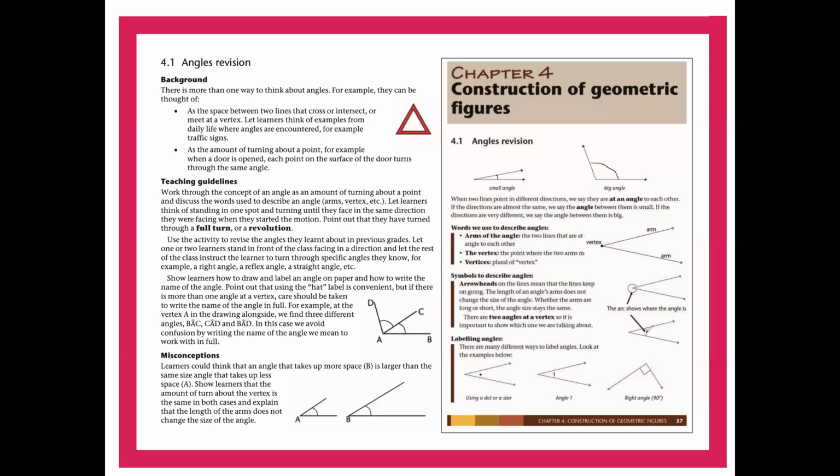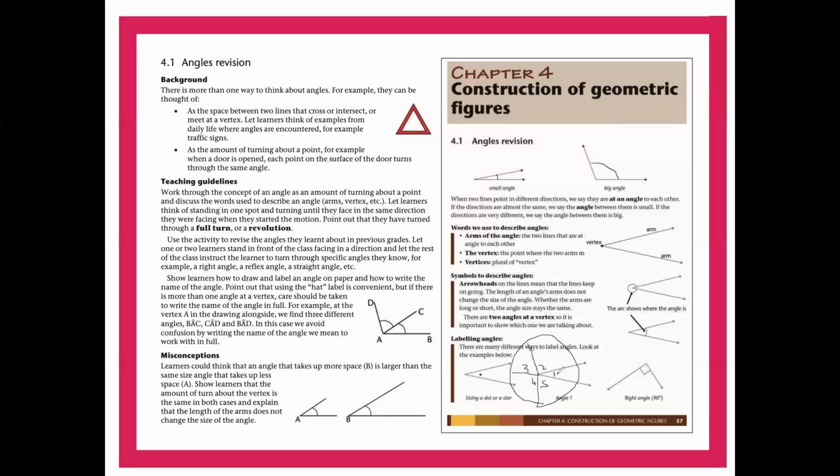You can also label an angle with this arc. You can use a dot, or sometimes if there are many angles around one point, you would label it 1. For example, imagine this being a circle, and that's one angle, that's number 2, that's 3, 4, 5.